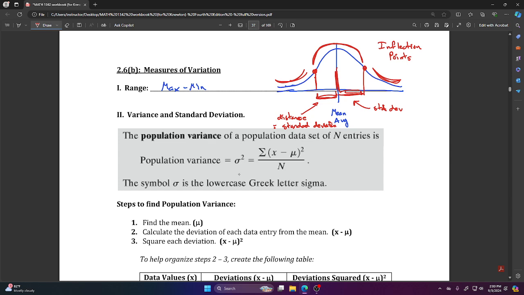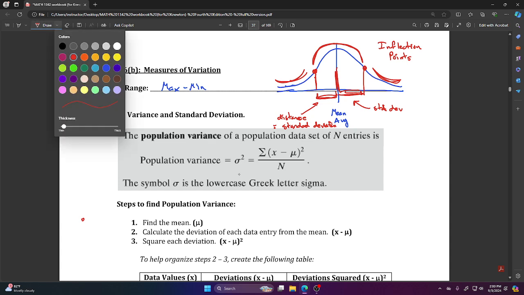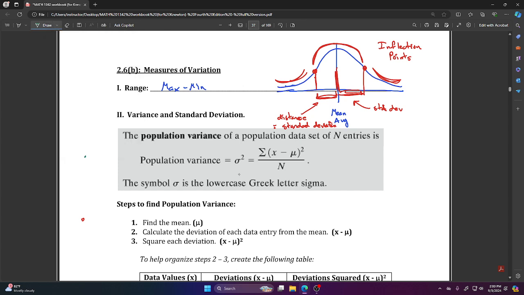What we want to find are these distances because they're meaningful when you're looking at the greater picture. Let's do a darker green. Again, my bell curve's not perfect here. The percentage amount inside of this zone here is 34% of the population.